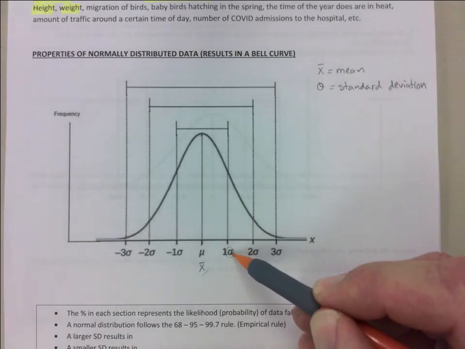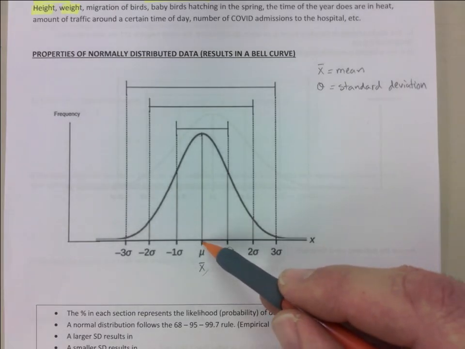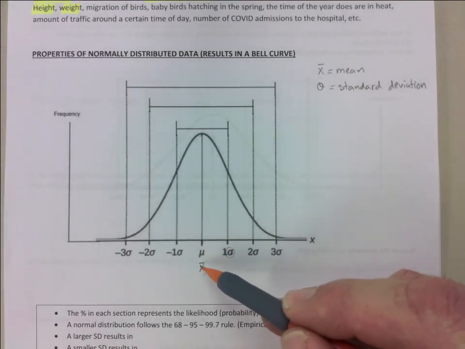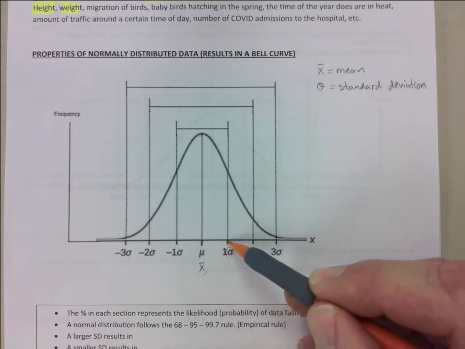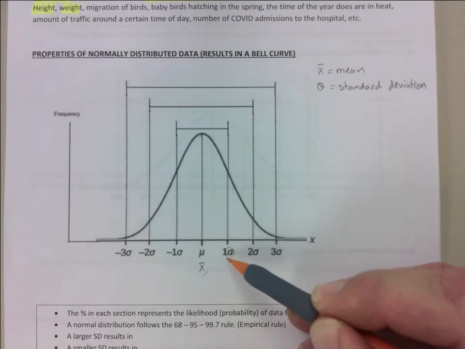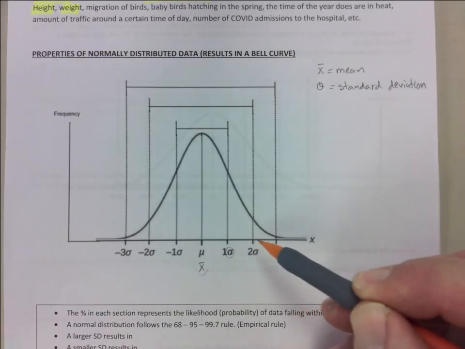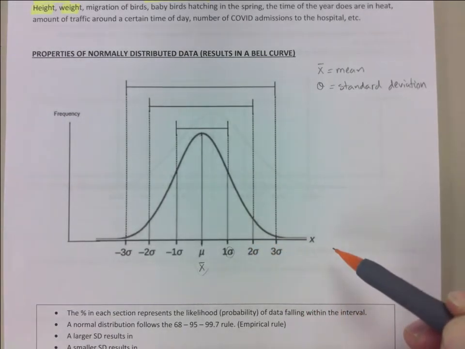Let me give you an example. Let's say the average is 100 and your standard deviation is 5. You calculated it, it's exactly 5. This is 100 here. This would be 105, right? One standard deviation. This would be 110, 115, and so forth.